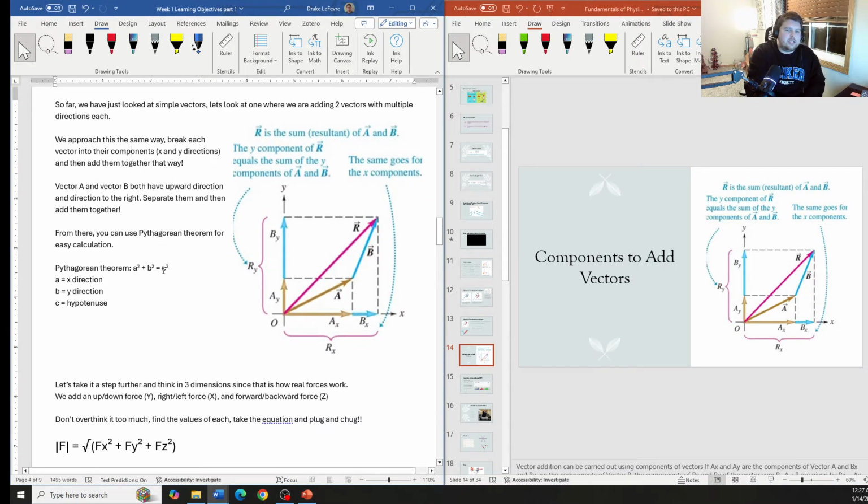Now, we can continue this. You can add as many vectors as you want together. And so it can continue to get a little bit more complicated, where let's say right here, we're adding vector A and vector B together and we want to calculate vector R. It's the exact same process that we did before. Break both of these down into their X and Y components, their X direction and Y direction. How many steps does it take to get to equal that diagonal value?